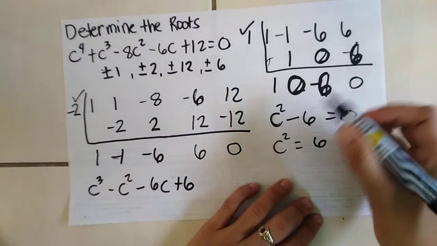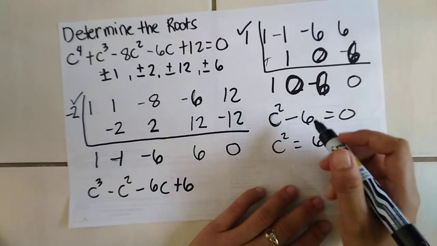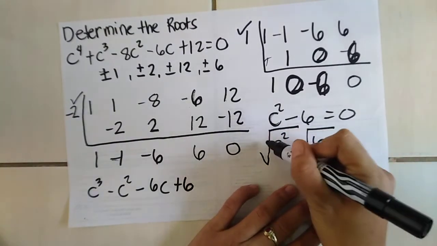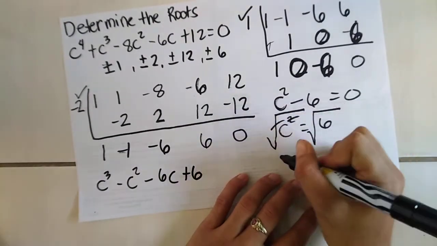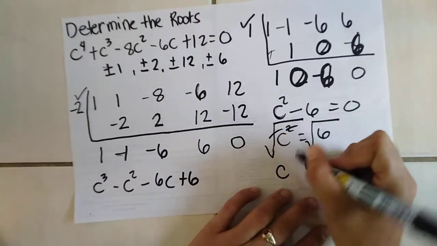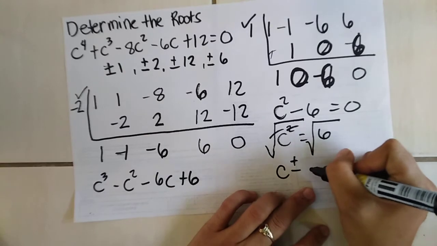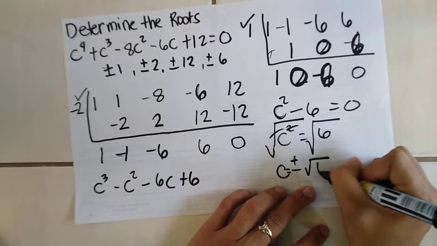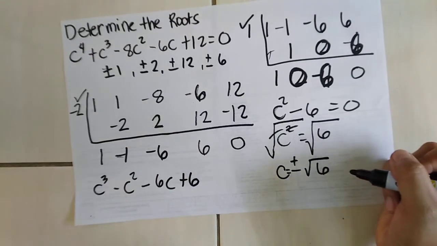Then, to leave only c, we extract the square root, so c equals positive or negative square root of 6. Did you get it? C equals positive, negative square root of 6.